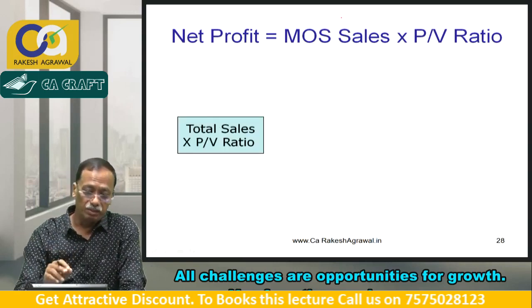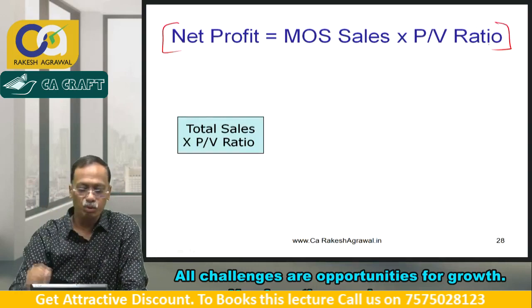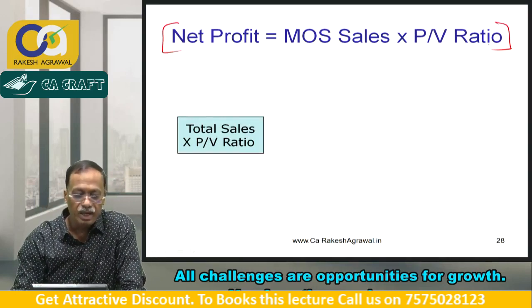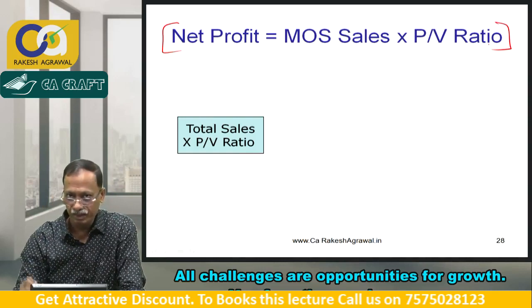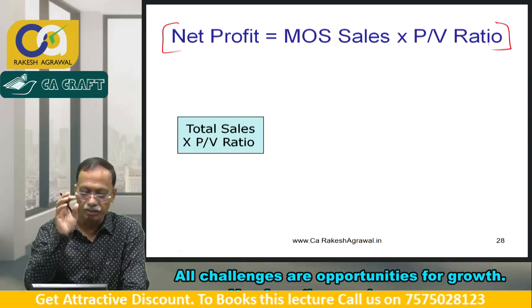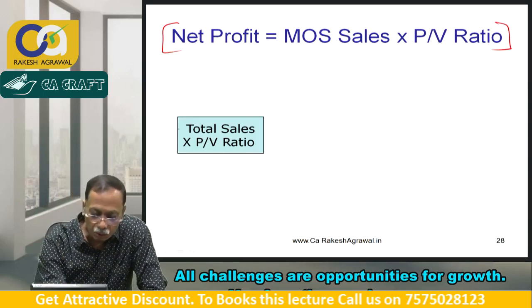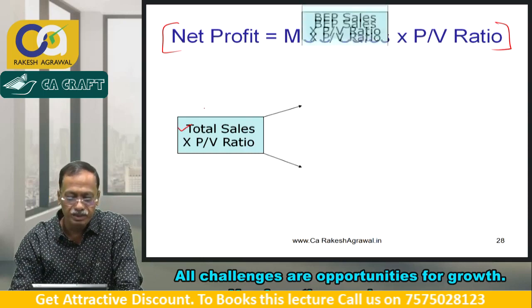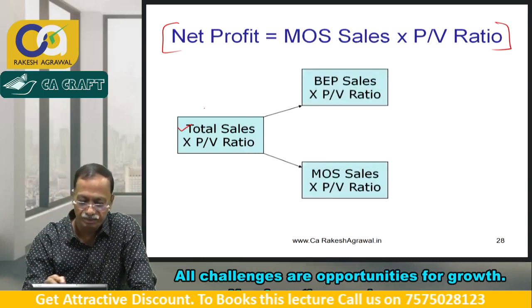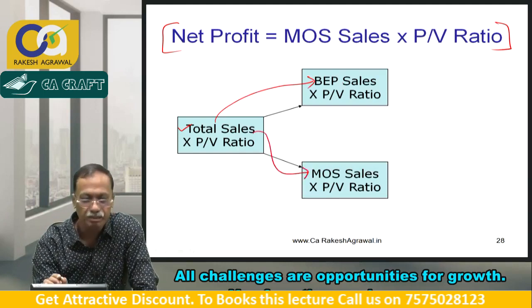Now I will give you the logic behind this formula, why this formula works. Just understand, then I will give you the time to write. If I multiply total sales into PV ratio, I will get total contribution. Now this total sales I will split in two parts: one is BP sales, another is MOS sales. I am multiplying both of them by PV ratio.